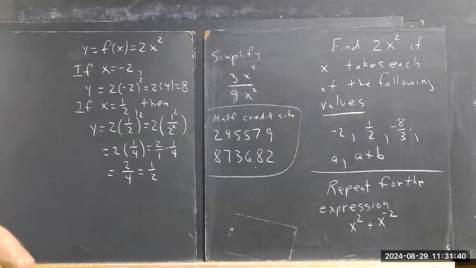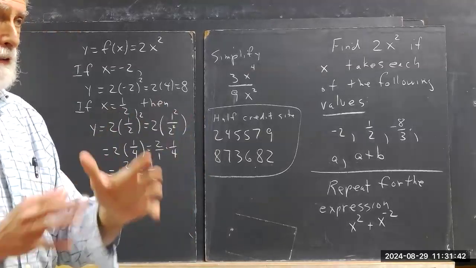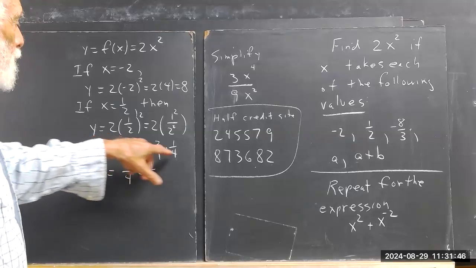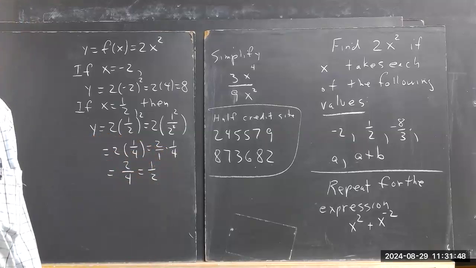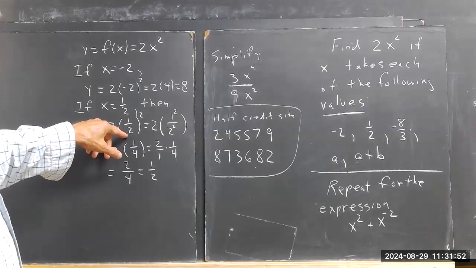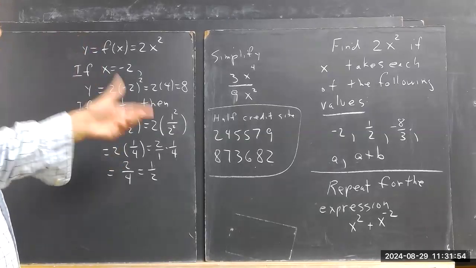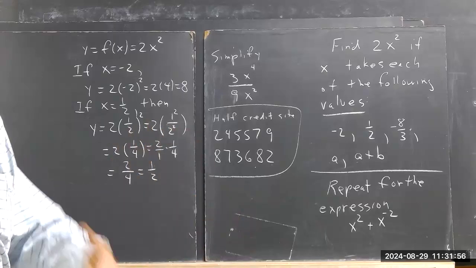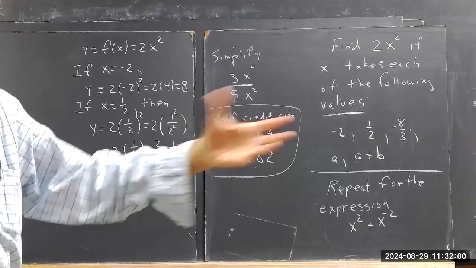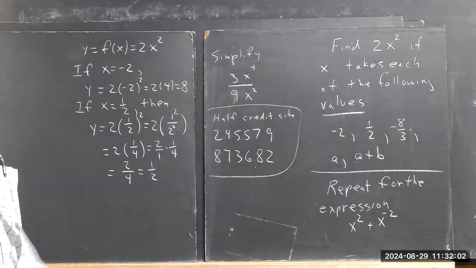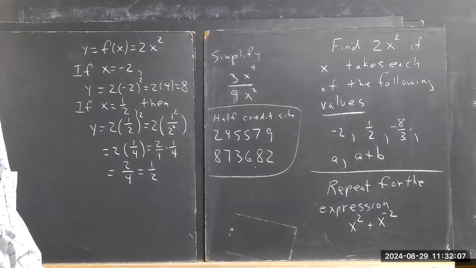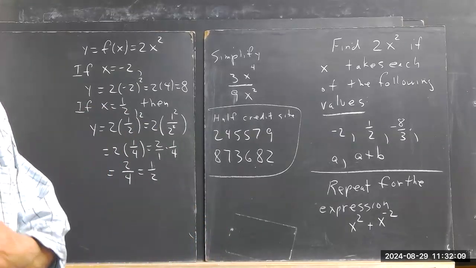Now, if you're on a test, I still want to see steps of your solution, but I don't expect you to go into quite as much detail here. If you just say it's 2 times 1/2 quantity squared, and then 1/2 squared is 1/4 and multiply that by 2 without having to write 2 over 1 times 1 over 4, I assume that you can do that. Now, if you start making mistakes, I'm going to tell you, you really ought to be writing that out until you don't make those mistakes anymore.